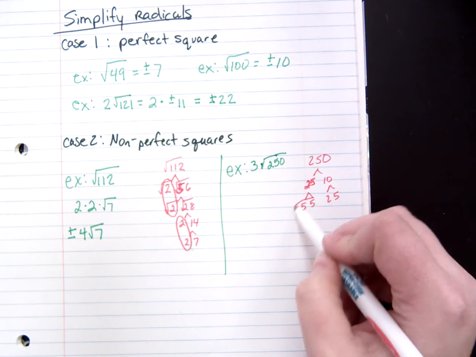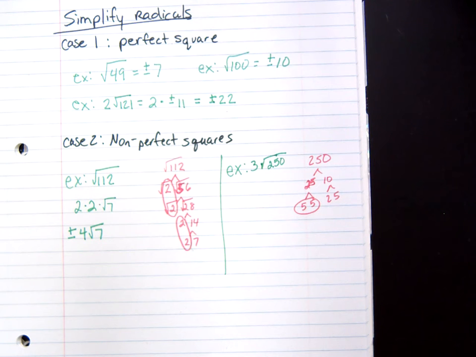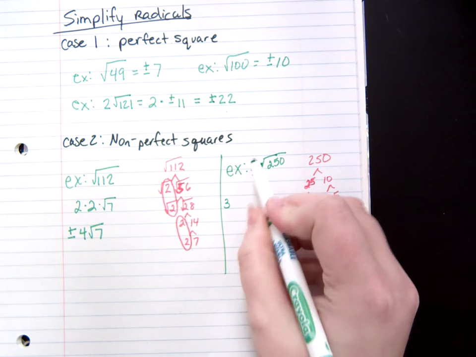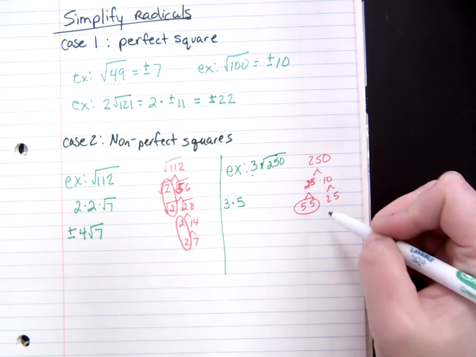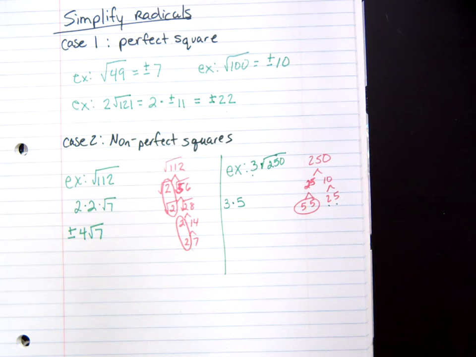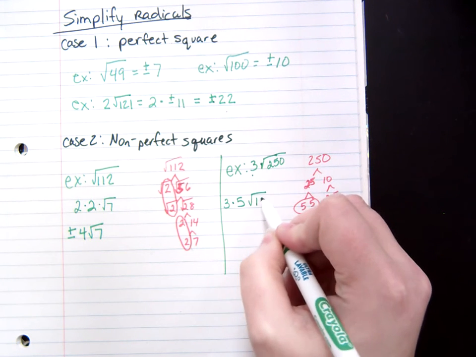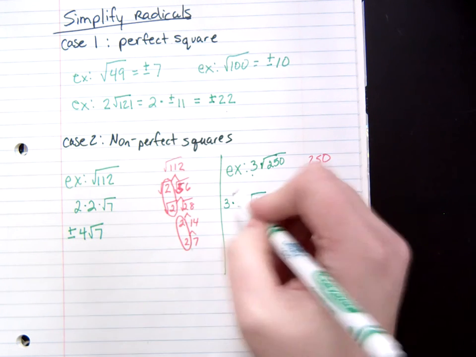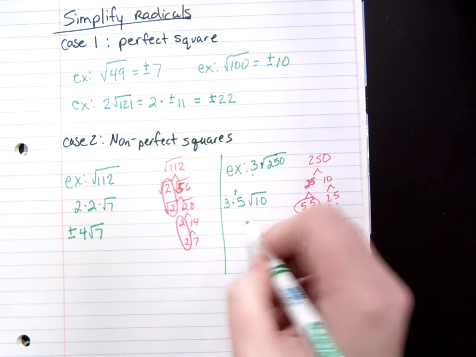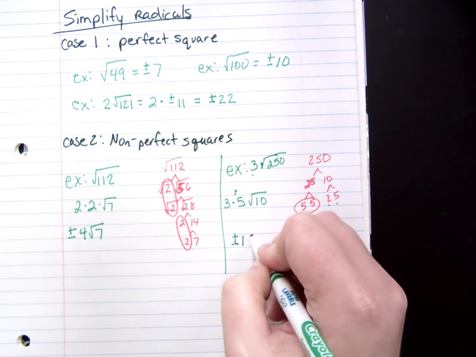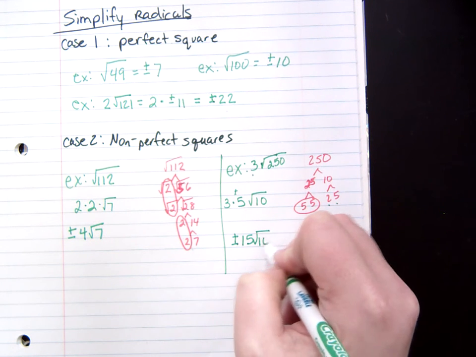Now, 5 and 5, I got a pair of 5s, so I can pull out a 5. But you cannot forget, if there's a coefficient, that coefficient doesn't go away. So I still have this 3. I'm pulling out a 5 from this, and I've got more than one thing left over. I have to multiply the leftovers together. Now technically this is plus or minus. I forgot that part. So when I multiply these together, I get plus or minus 15 square root of 10.